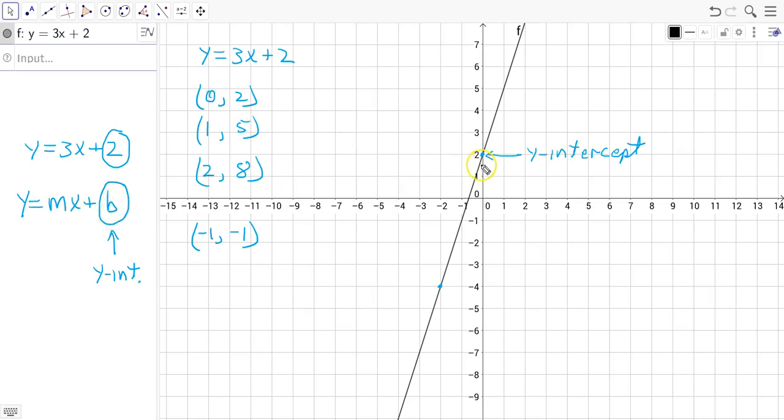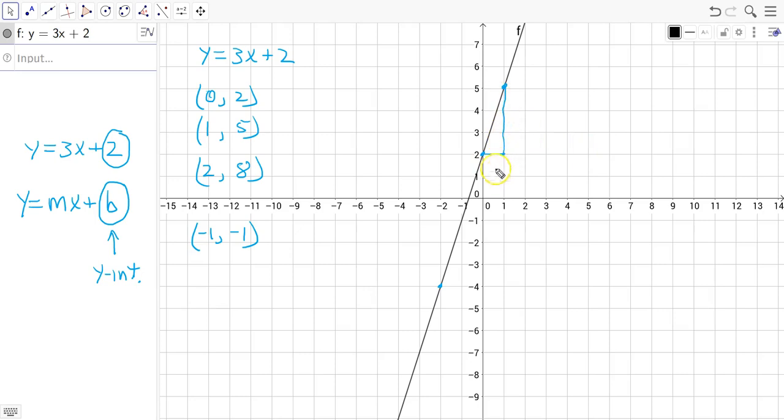Also, let's take note what the slope of this line is. Now the slope, let's take note of this. If we're sitting anywhere on the graph, like let's say we're sitting right here, we have a point right here. If we move over 1 unit to the right, notice that to get back onto the graph, we have to move 1, 2, 3 units upward to get back on the graph.